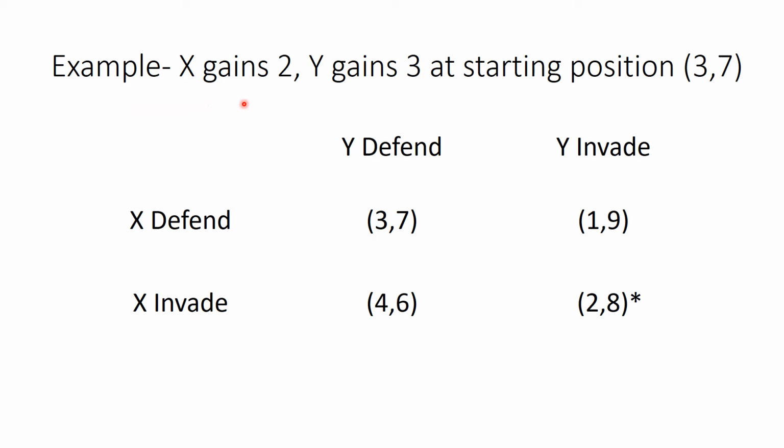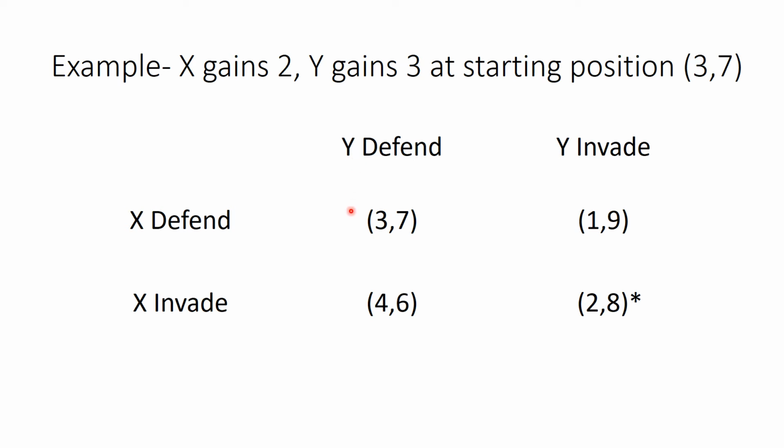Now let's look at an example where X gains 2 on an invade choice, Y gains 3 on an invade choice, and we're at the starting position of 3-7, where X owns 3 land, Y owns 7 land. And we can see that this 3-7 also appears down here at defend, because when X defends, we take 1 from Y and add it to X. 7 minus 1 will give you 6, 3 plus 1 will give you 4.